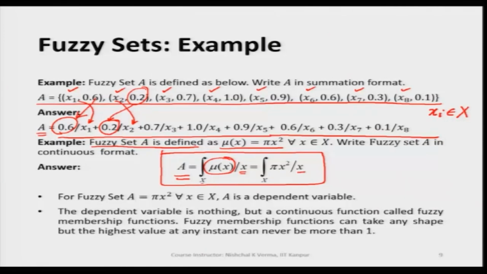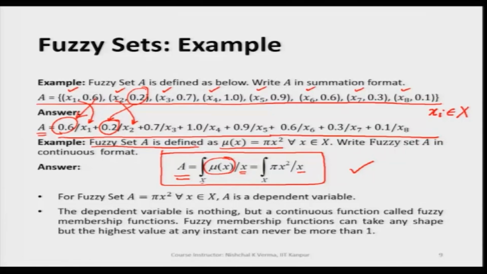Okay. So, this is how we write a continuous fuzzy set in this format. Similarly, if we have other continuous functions for mu x, we can write them, and that will be our continuous fuzzy set.